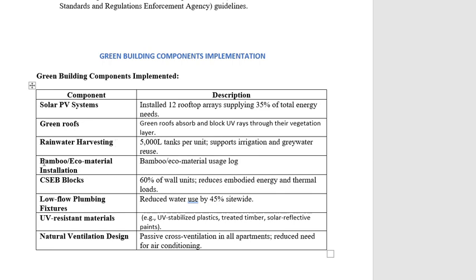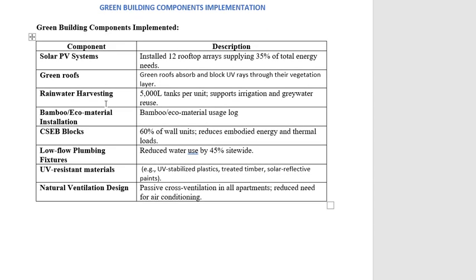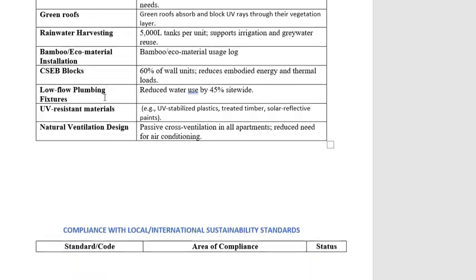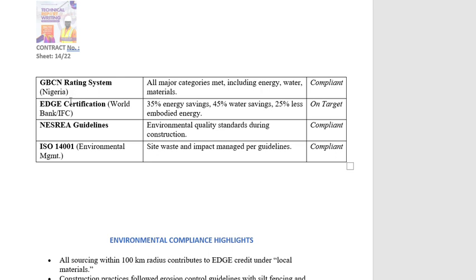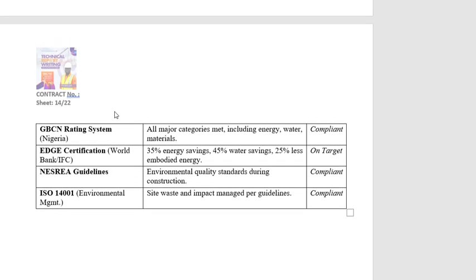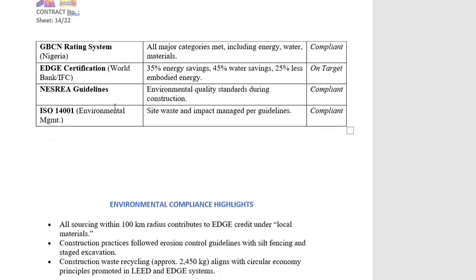Then you see eco-friendly material installation, like bamboo instead of using reinforcement. So you state all the sustainable materials that are used for the construction. So this is how you state it. These are all the sustainable materials that were used for the project.